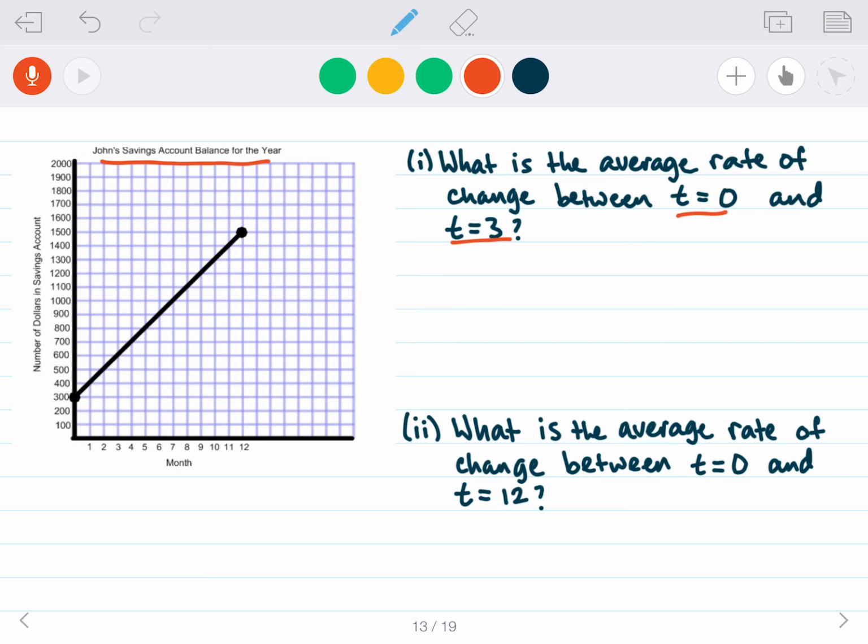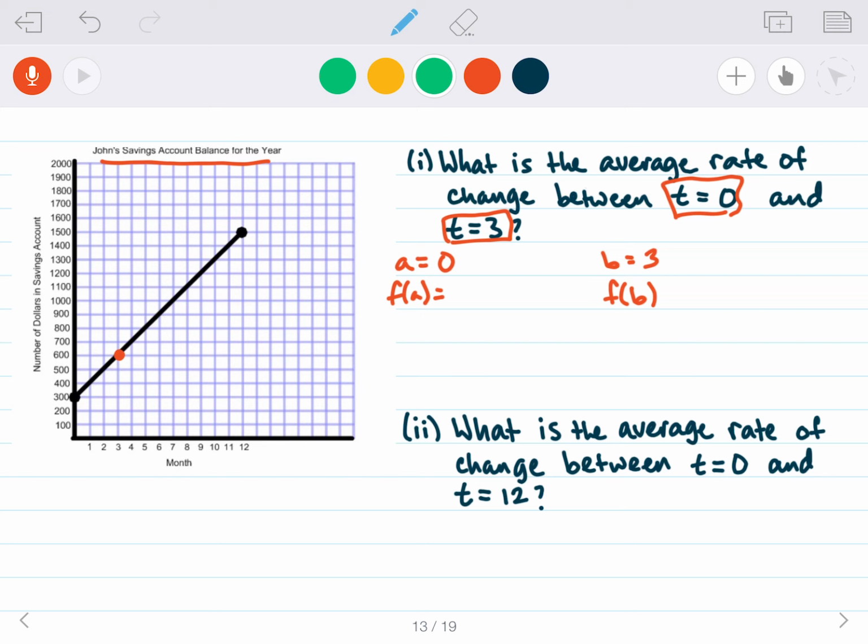Okay, so from 0 to 3, we can compute this. So first of all, what's A? What's B? What's f of A? What's f of B? We can get this information directly from the graph. Well, the starting input is 0, so that's A, and the ending input is 3, so that's B. And the corresponding output to 0, well, we can look at that graphically.